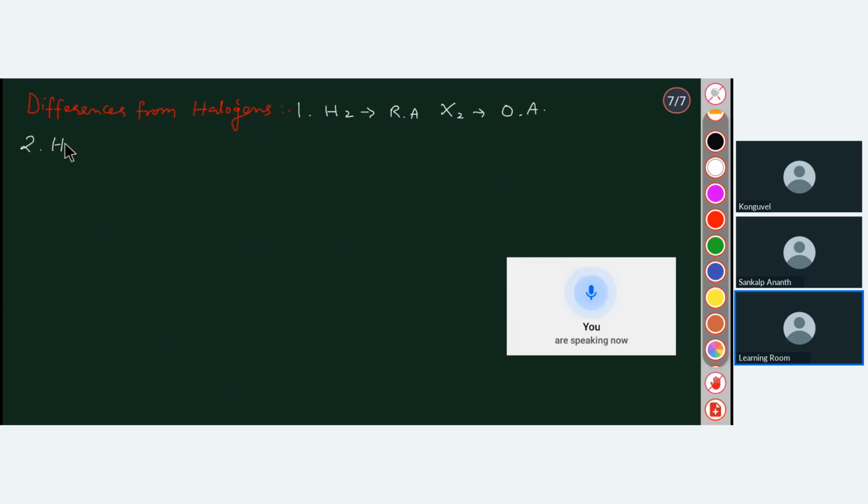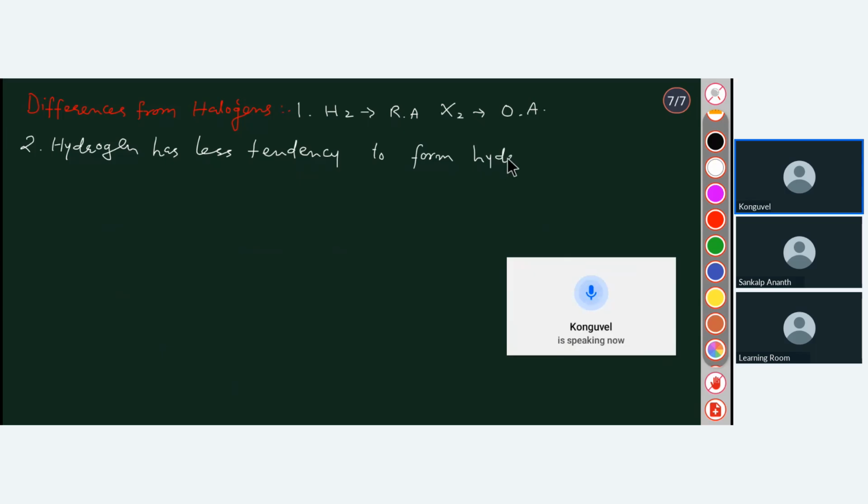I will write it here that hydrogen has less tendency to form hydrides, while halogens can easily form hydrides, right? See, actually, I have written here that hydrogen forms hydrides. How can hydrogen form hydride, sir?